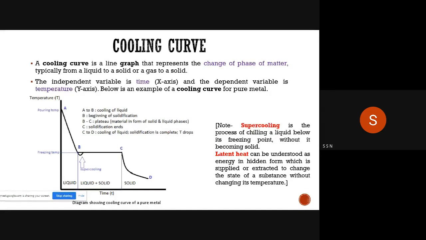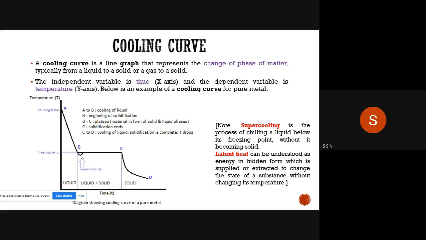So in that graph, in that cooling curve, the independent variable is time, and dependent variable is a temperature. That means we are continuously changing the temperature because we are cooling that specific metal or its alloy. We are cooling that, and at different temperature and time, we will plot one graph of their phases.